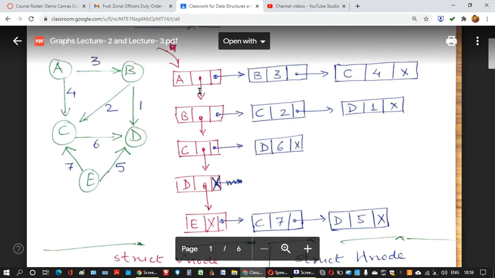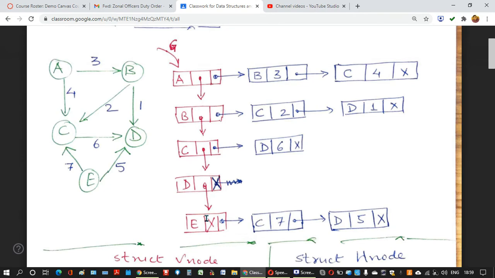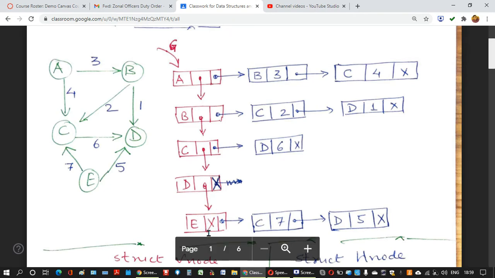So this node is connected to the next node, next node, next node, and E's next is empty. That means E next is null. There are five nodes, there is no sixth node, so I have put a cross here.